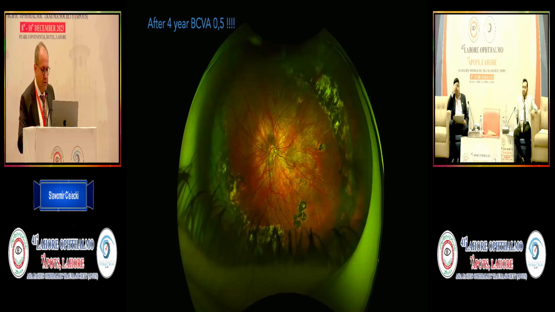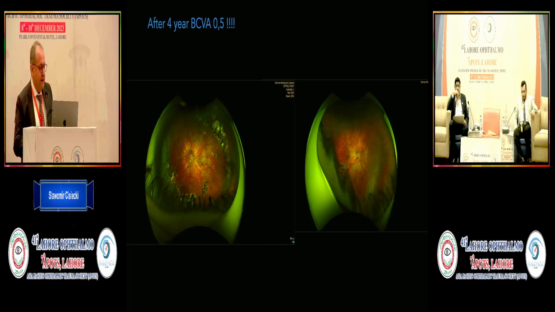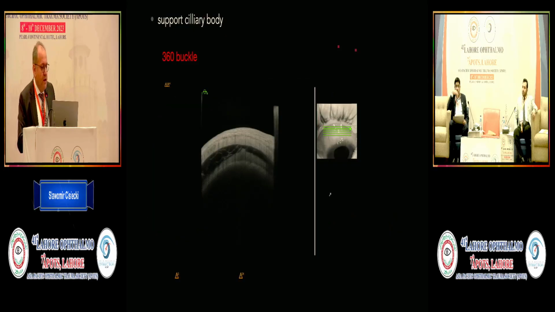And this is how the eye looks now, 4 years after silicone oil removal, with astonishing visual acuity of 0.5. And this is the other eye. You can see the eye has a little bit of cyclorotation, but luckily it's not a problem because the boy doesn't have binocular vision.